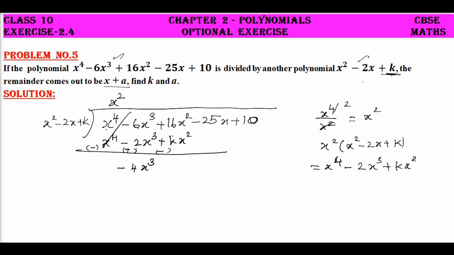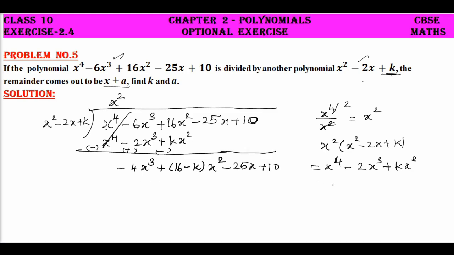So 16 and k, you cannot take it as 16k. It is only (16 - k) x^2. So when you subtract 16 and k, keep it as (16 - k) into x^2. And then the next term is -25x and the next term is +10.